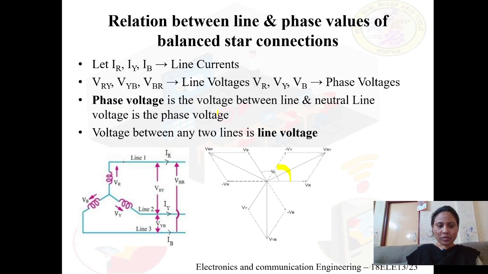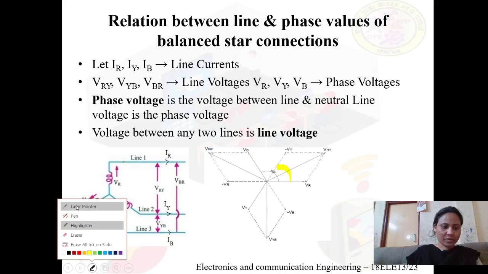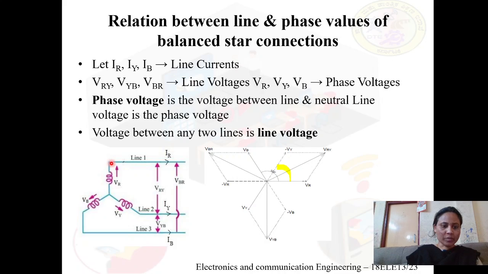So, you can just observe this diagram here. In this diagram, this is a phase. There is no branching over here, which is connected to the line. So, this phase is connected to a separate line. This phase is connected to a separate line. Therefore, whatever the line current IR flows, the same thing will be flowing through the phase.